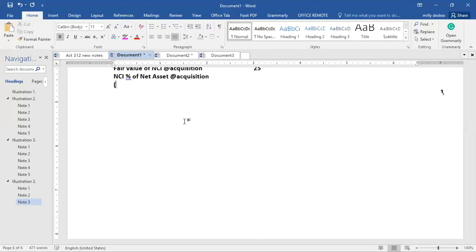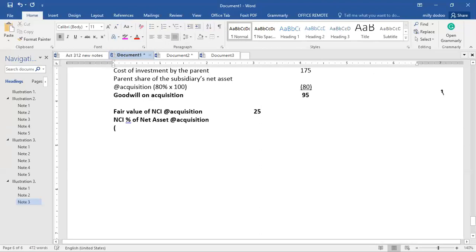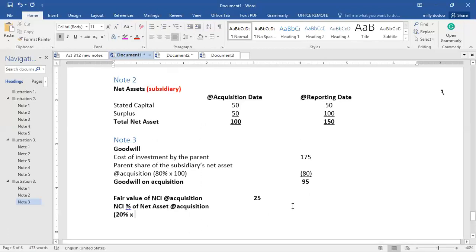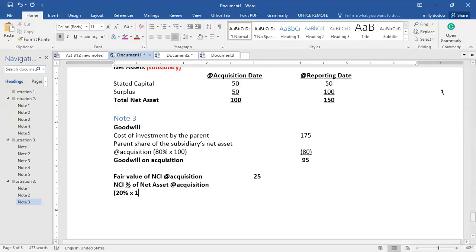NCI is having 20%. So you strike 20% of the 100, since net asset at acquisition is 100. So you subtract it from the 25, you get 5.